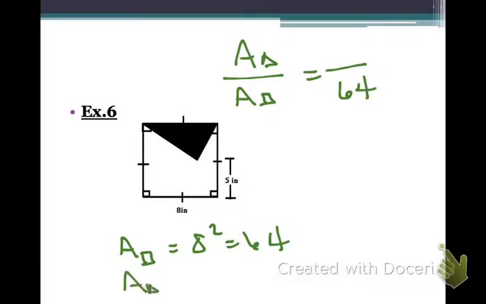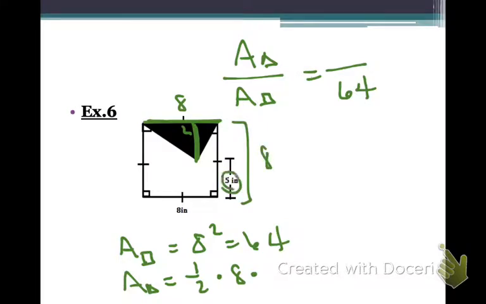Area of the triangle, 1/2. Now the base would be here, so it is 8. What's the height? I need this. Well, if this whole thing is 8, and this uses up 5, that means what's left has to be my height, which is 3.